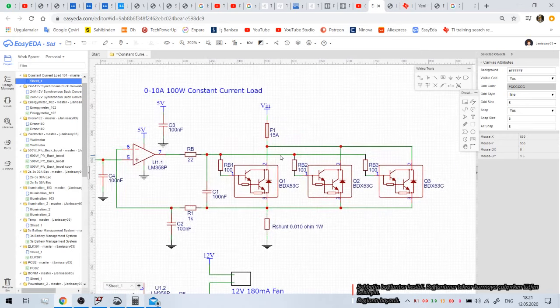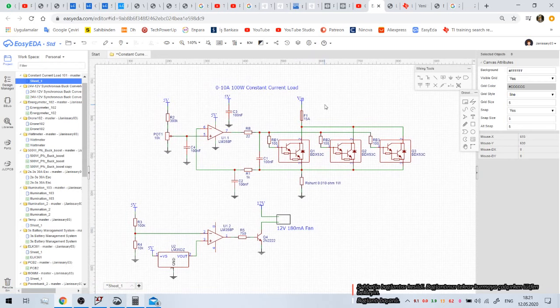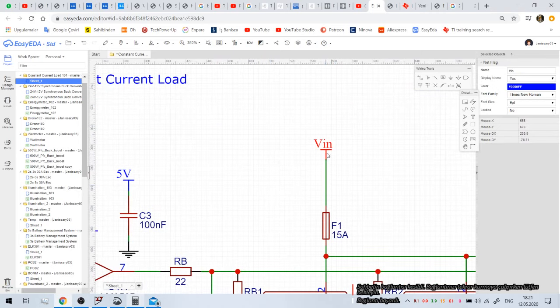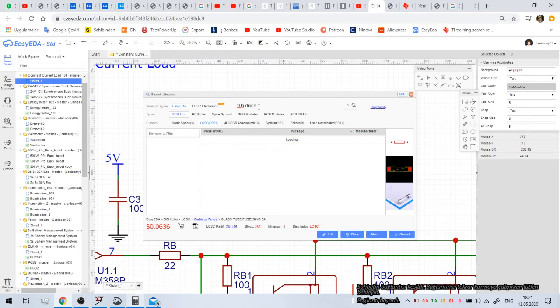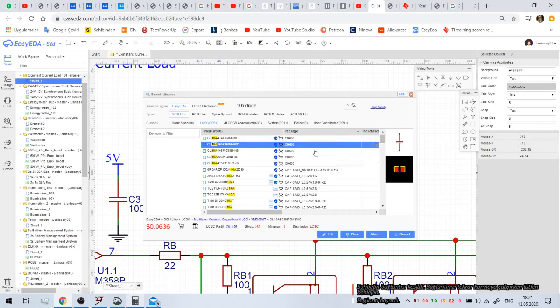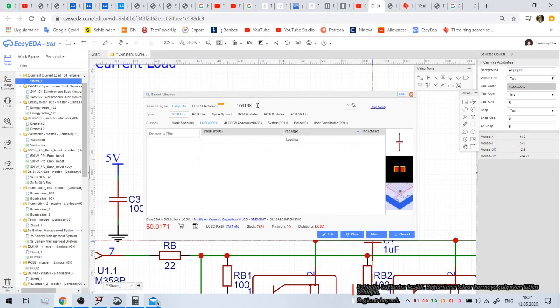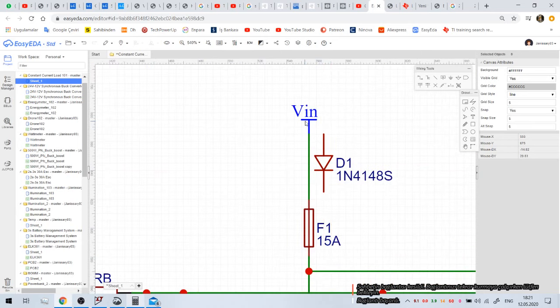Also, we can add some reverse voltage protection with some diode. It is simply, you can do it like, take a 10 amp diode. I only want to add the symbol.